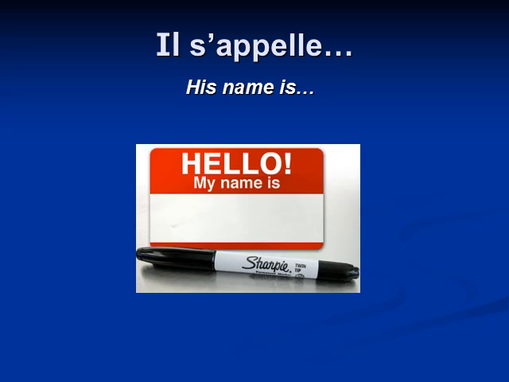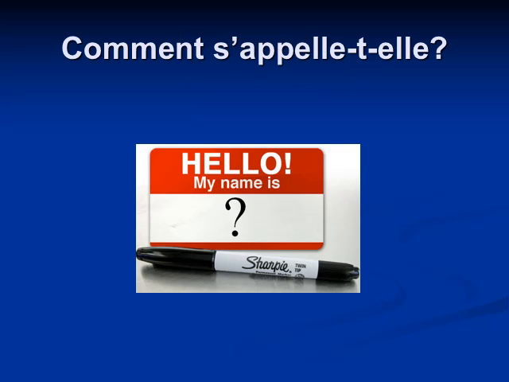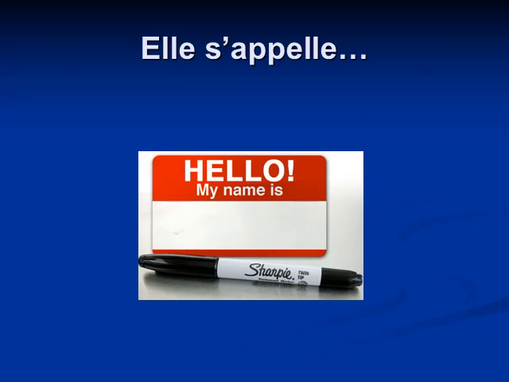His name is. On the right-hand side, we have comment s'appelle-t-elle for what's her name. And to respond to that, we say elle s'appelle. Her name is, or literally, she calls herself.